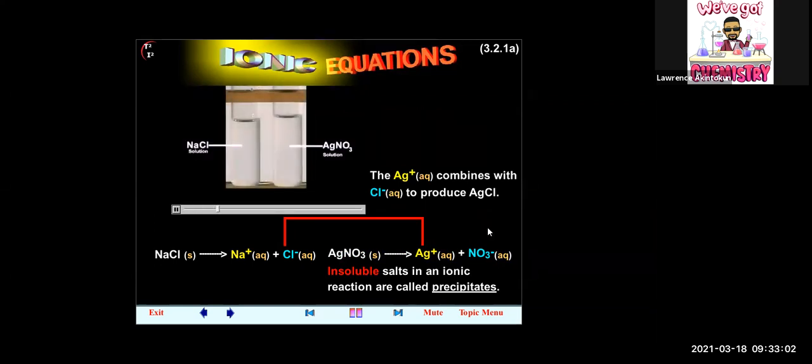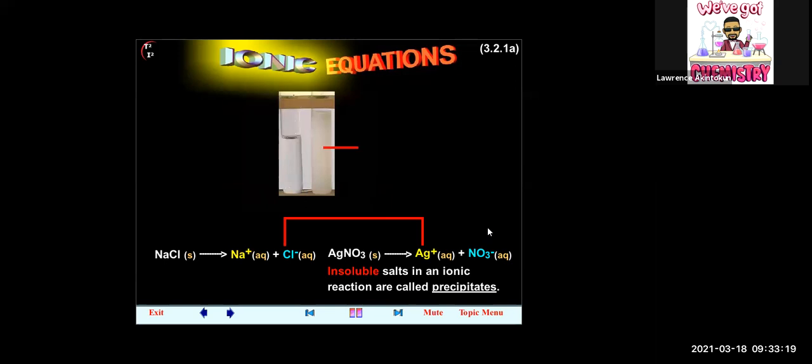Sodium chloride solution on the left, silver nitrate solution on the right. An aliquot of the sodium chloride solution is withdrawn and placed in the silver nitrate solution, and a precipitate is observed to form. Hence, AgCl appears as a white precipitate.